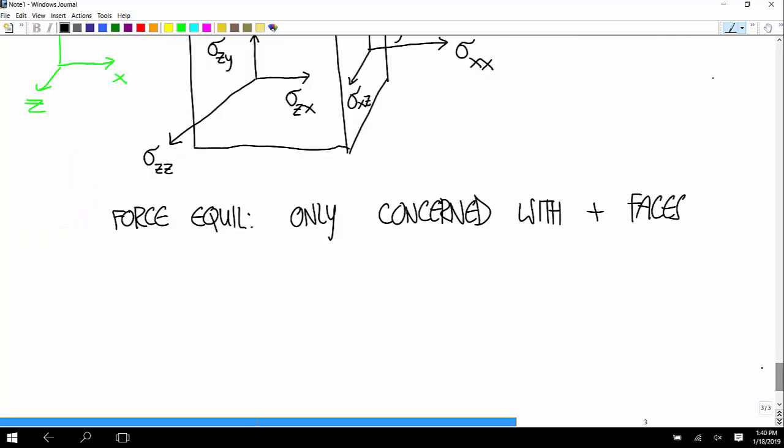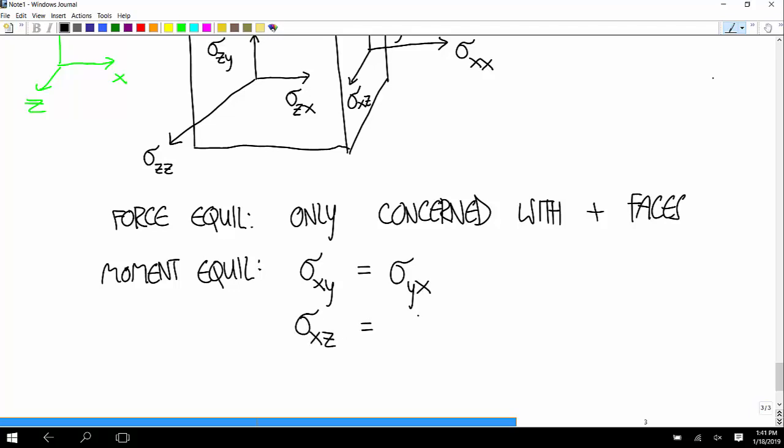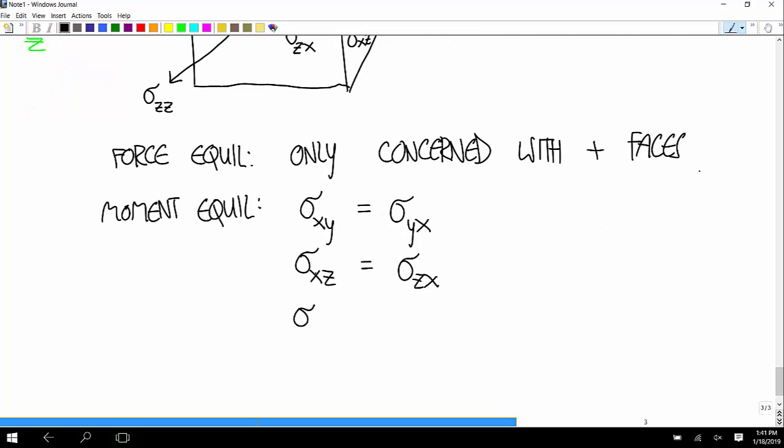And then the moment equilibrium says that sigma xy has to equal sigma yx, sigma xz has to equal sigma zx, and sigma yz has to equal sigma zy.